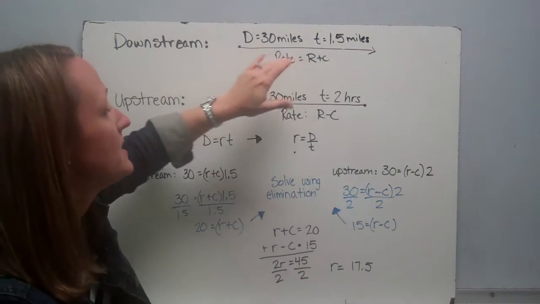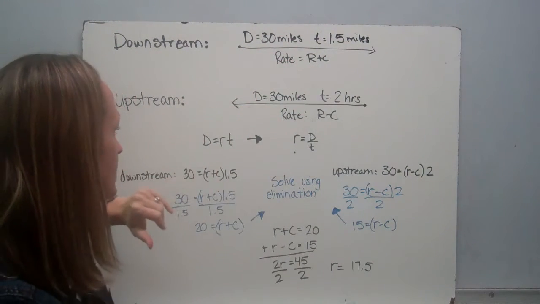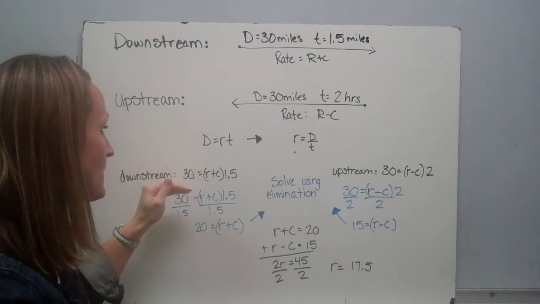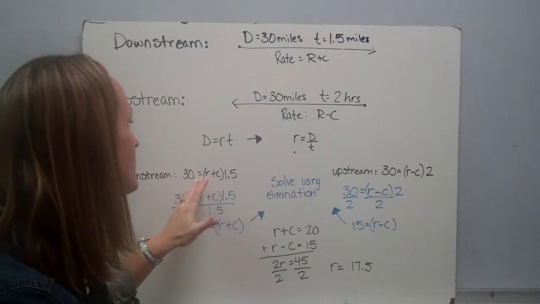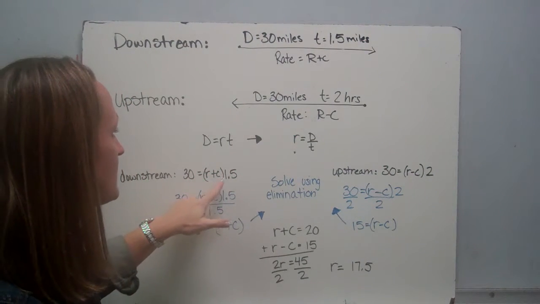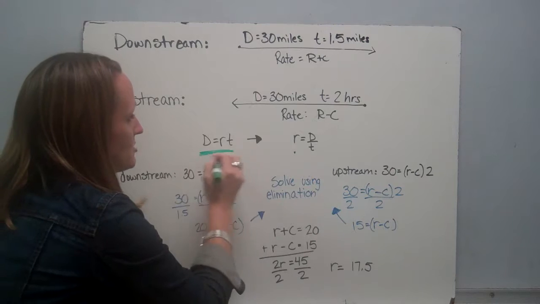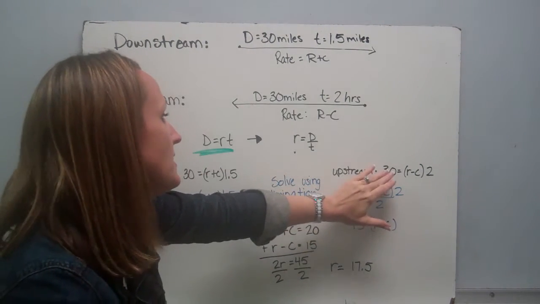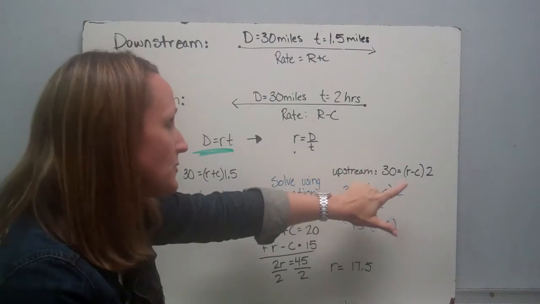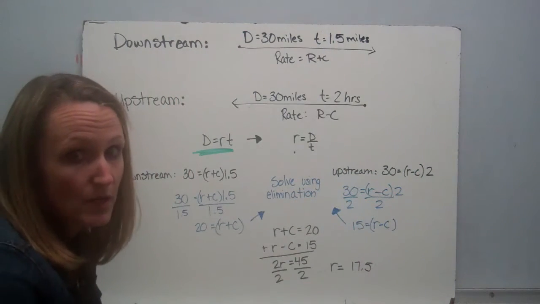So we have our D, our T, and our R for both. So downstream, our equation would be 30, because that's how far we went, 30 miles, equals R plus C, because that was our rate, times time. Remember, this is your formula. Upstream, our equation would be 30 equals R minus C, because that's our rate, times 2, because it took 2 hours.